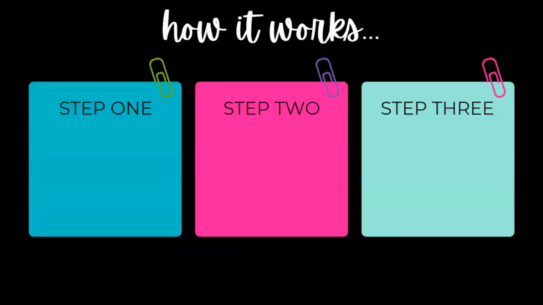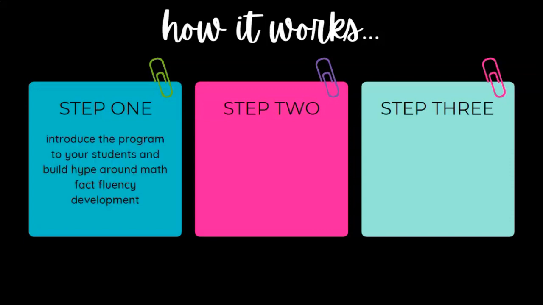There are 3 main steps to how this fact fluency building program works. I'm going to first tell you the steps, and then I will break each one of them down into more detail. And remember, even if you choose not to use my program, you can still use these concepts. Step 1 is to introduce the program to your students and build hype around math fact fluency development.